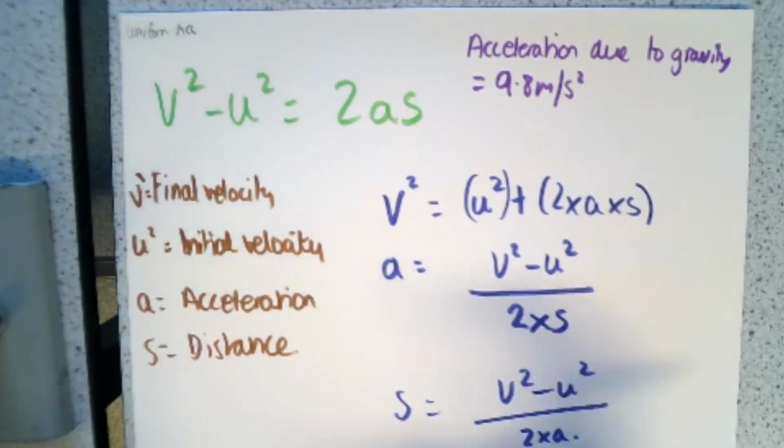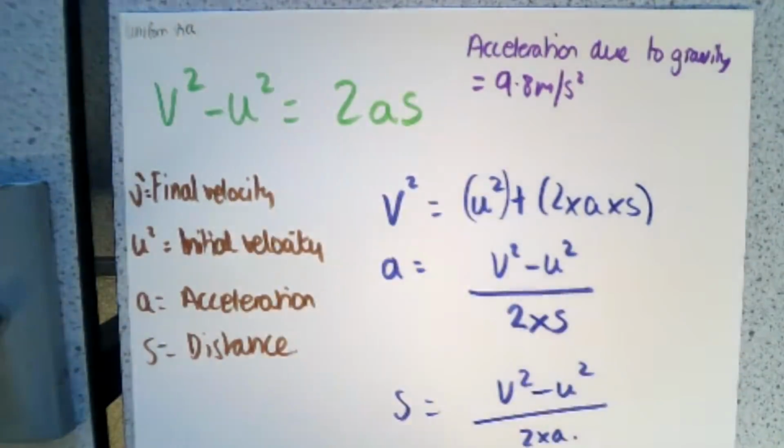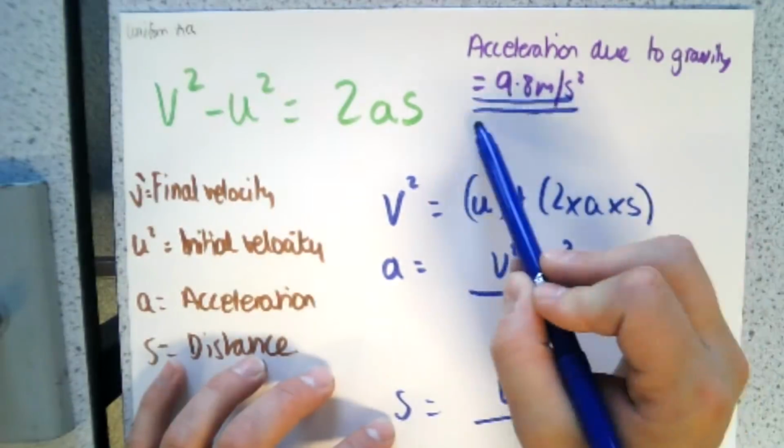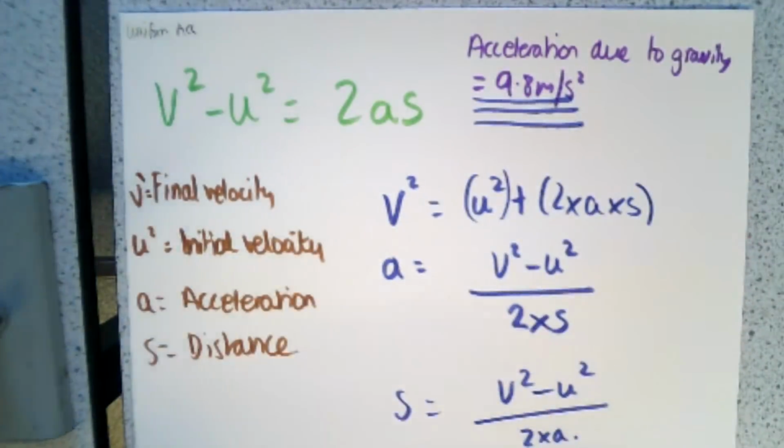Please make sure the biggest thing for this question is knowing how to rearrange the formula, and also knowing this value here, the acceleration due to gravity. You must be able to know that number and assume it.